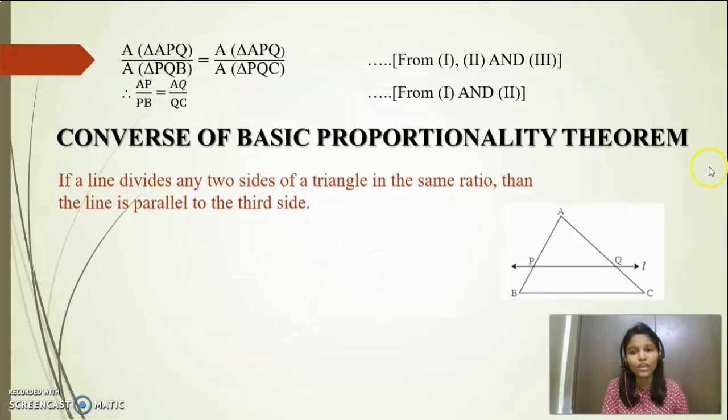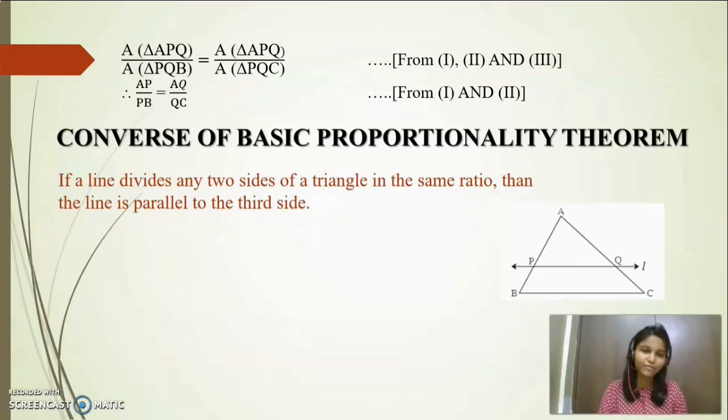I had already told you in the previous theorem that whatever is there after 'if' will become your given, and whatever is there after 'then' will become your to prove.